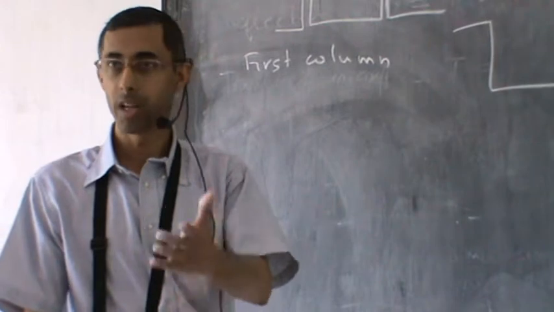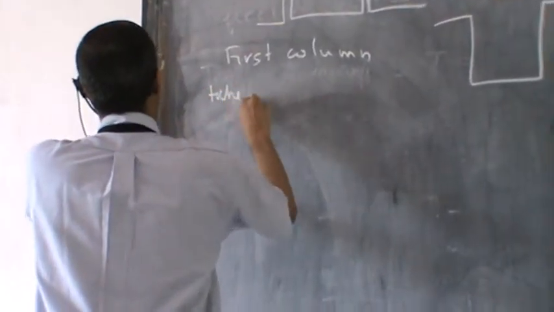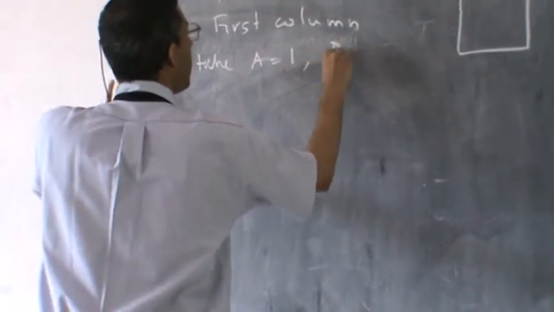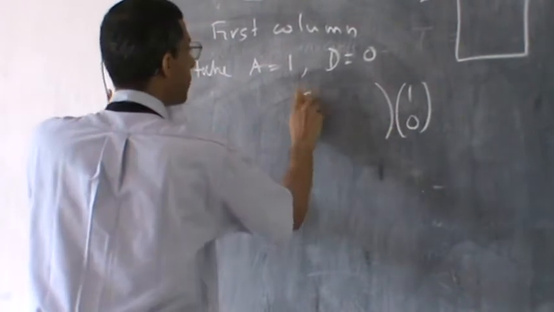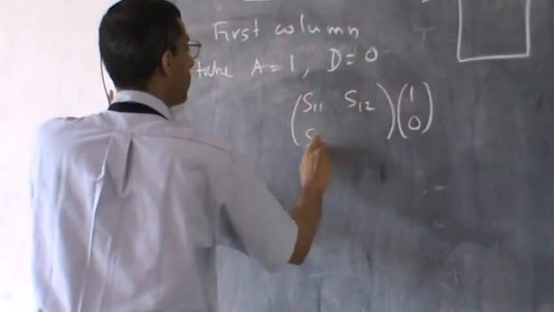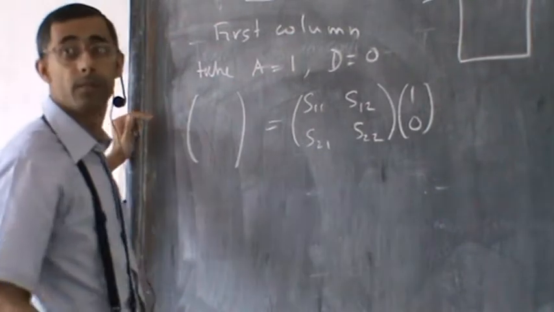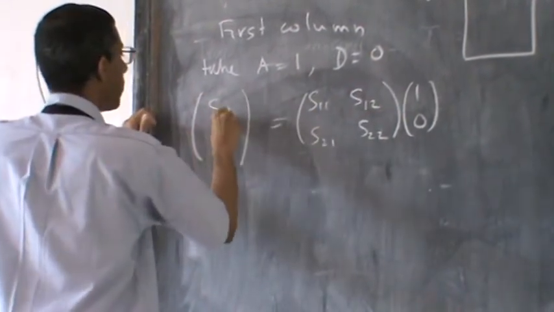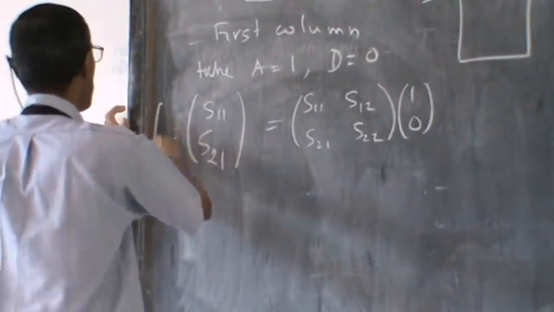One, zero. Very good. If you take A equal to 1 and D equal to 0 and multiply this out, you notice the output will be S11, S21. But by definition that is B, C.